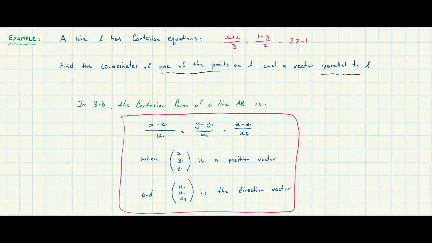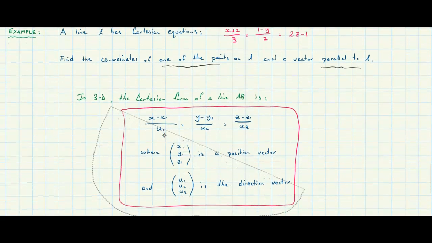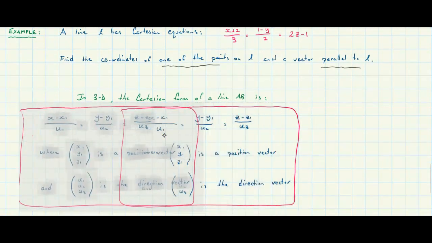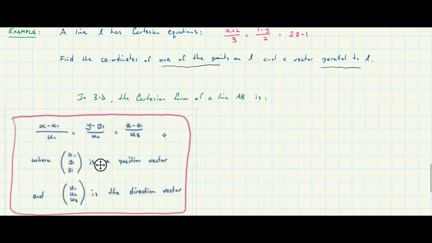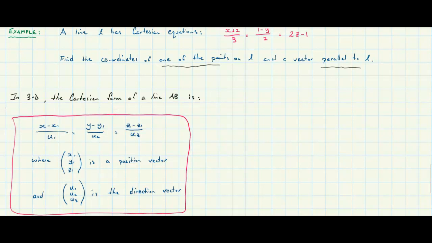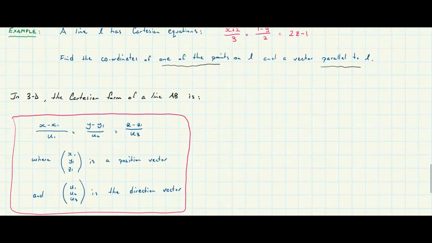Let's go back to our question then. I'm just going to lasso this and push it off to one side, just move it out of the way a little. So we want to rewrite our x plus 2 over 3 equals, so that looks okay to me. I quite like the format of that, but this 1 minus y, I want it looking like y minus y1.